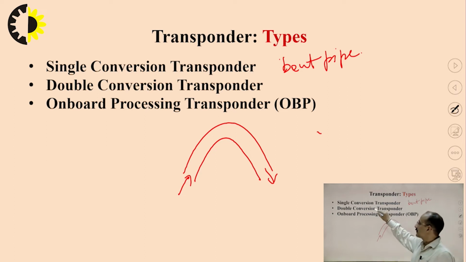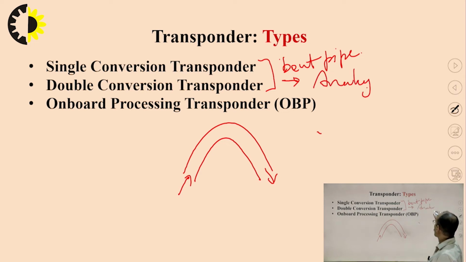So, single conversion, double conversion, and the third one is the onboard processing transponder. When we are talking about the nature of the signal, single conversion and double conversion are basically processing analog only. But onboard processing transponders are processing digital data only.